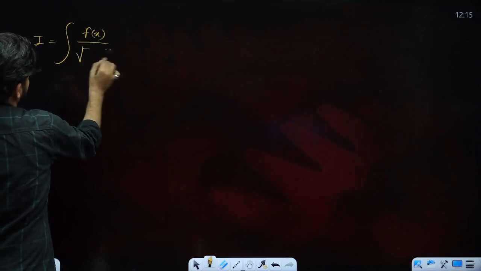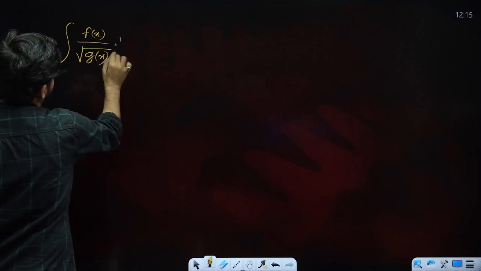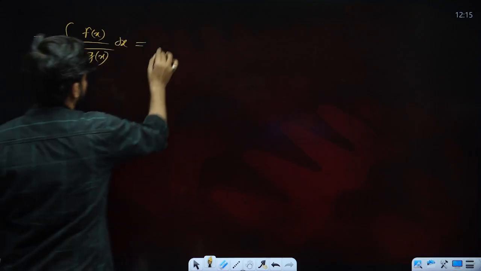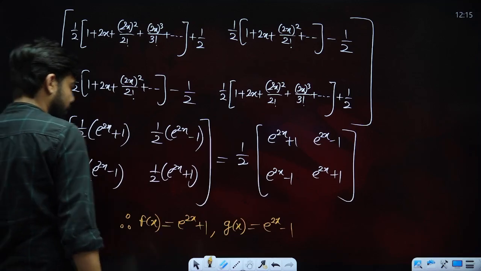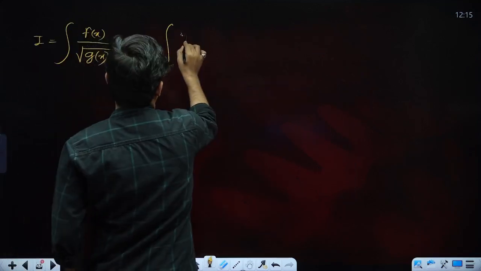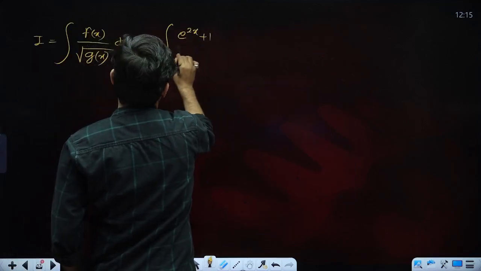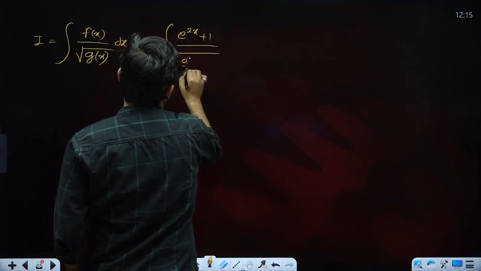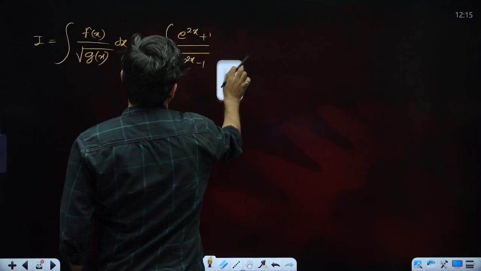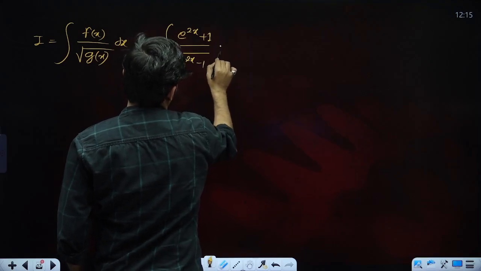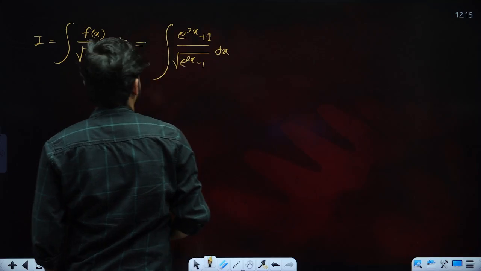That is, e raised to 2x plus 1 upon under root e raised to 2x minus 1, dx.